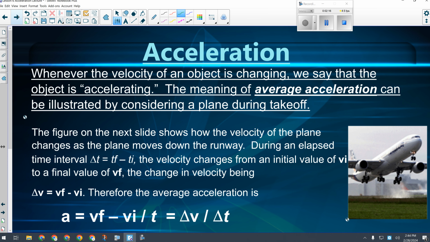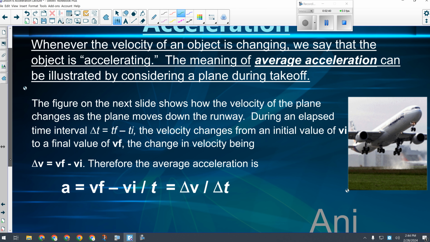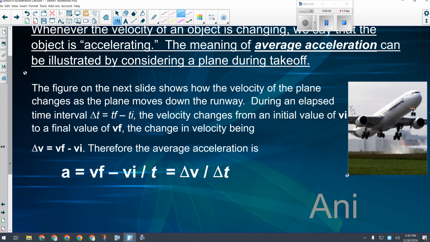So, whenever the velocity of an object is changing, it is accelerating. We do not use the term decelerate in physics. Acceleration can be positive and it can be negative, but we don't use the term decelerate. So any change in velocity is an acceleration. Now, uniform acceleration is what we mostly deal with.